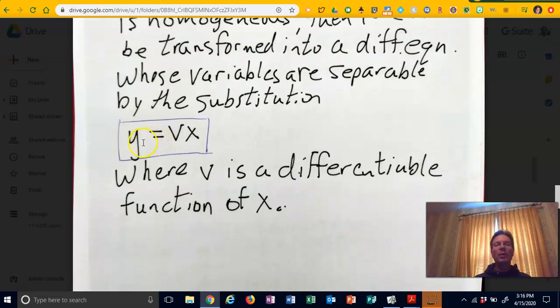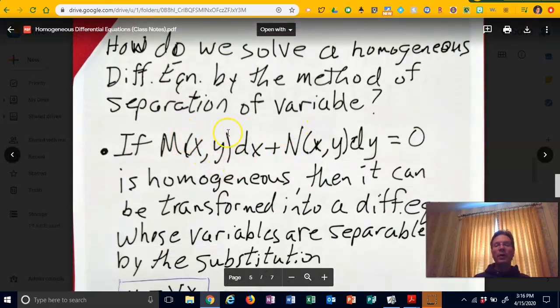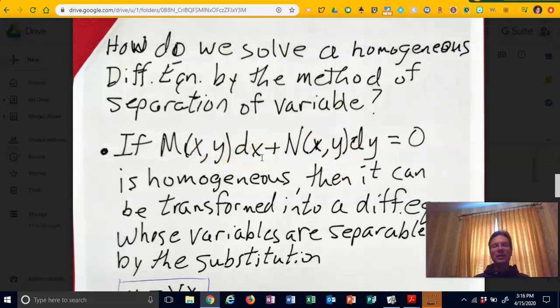So if we do that, replace all the y's with vx and all the dy's with what I'll show you here in a second, we can turn the homogeneous differential equation into something that we can separate the x's and the dx's and the v's and the dv's out, perform separation of variable techniques, and then at the end substitute back out of the v's back into the y's.